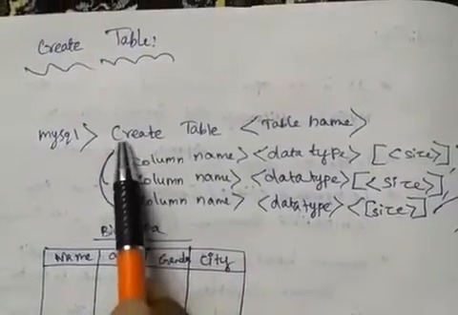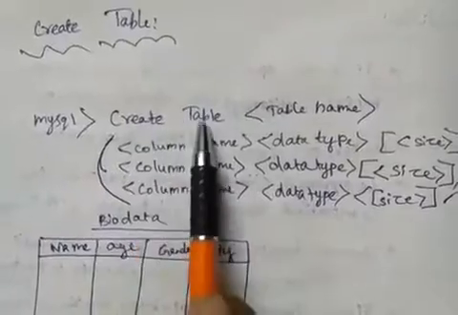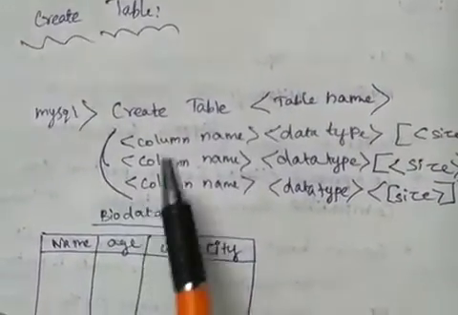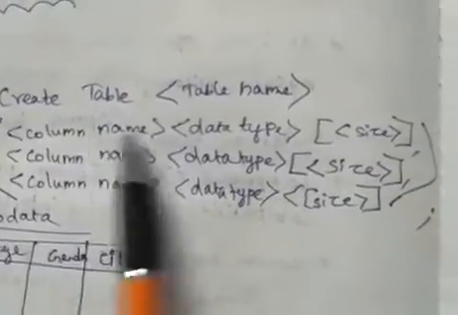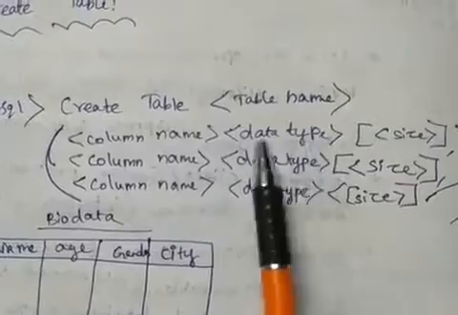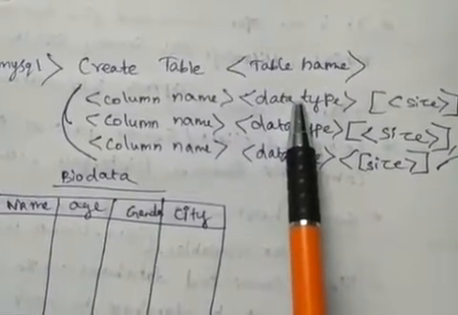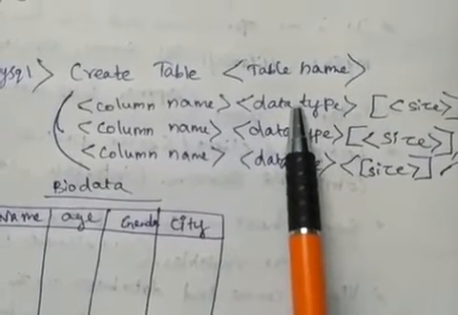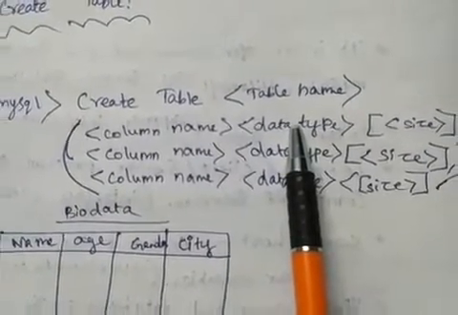To create a table, the syntax is create table, table name, and within parentheses the number of columns in the table must be specified, and then the data type, whether the column is an integer. Last year you studied data types: number, character. In PHP also I recalled those data types. Here in MySQL also we are going to see the data types.